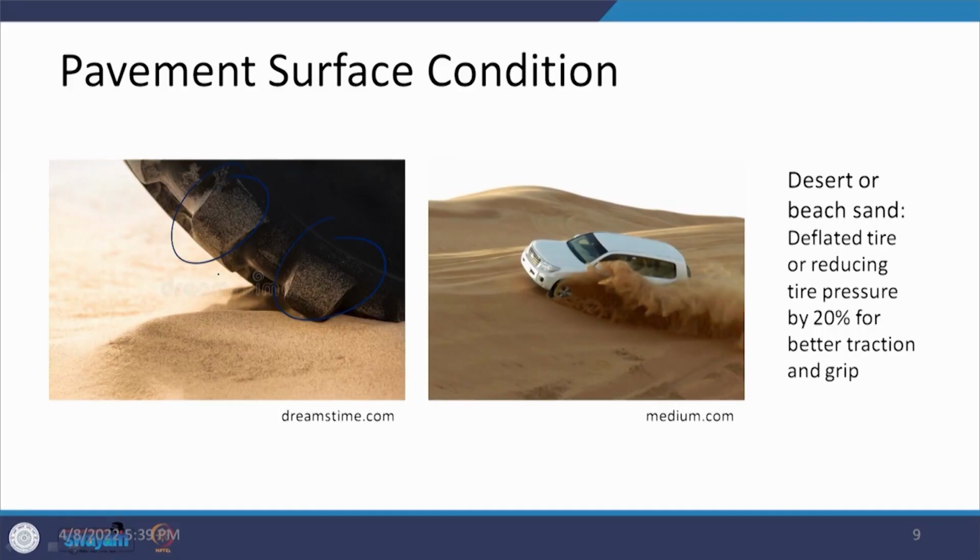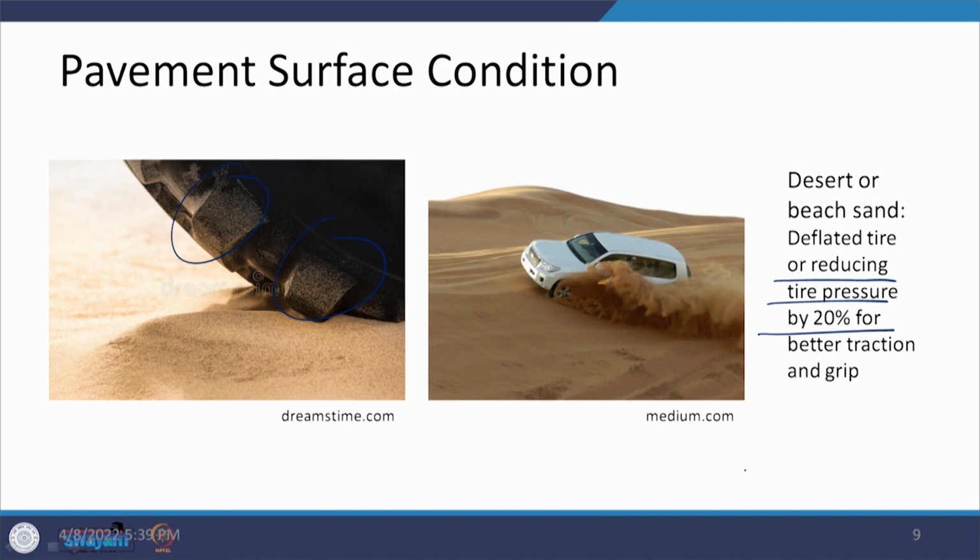You can see the type of treads there, the bigger wheels with wider area, they have been used here. The point is that when you are using these and you have loose sand, then it is better that we reduce the tire pressures by 20%.